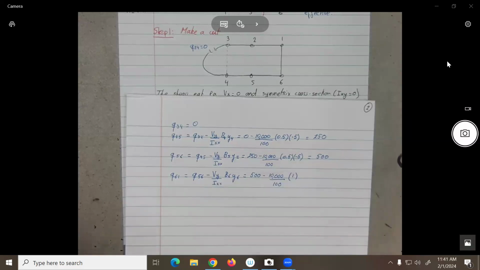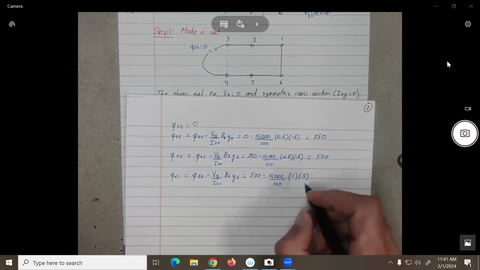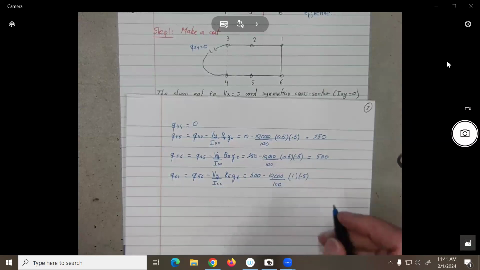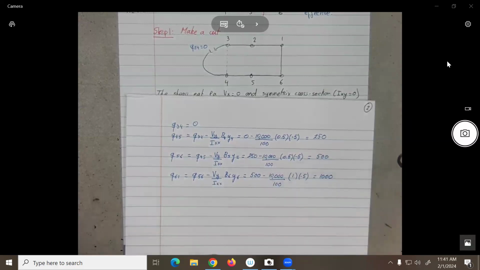One. What will be the value of Y6? -5. So this one should be the double as the other one. So again 500. So 500 plus 500 will be equal to 1,000. All right, so we go around.